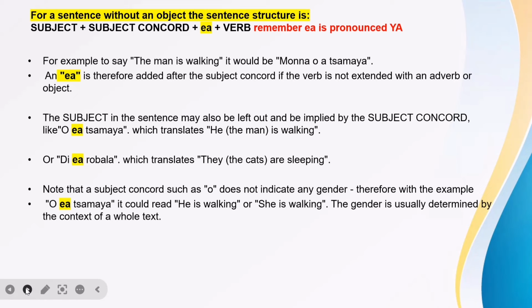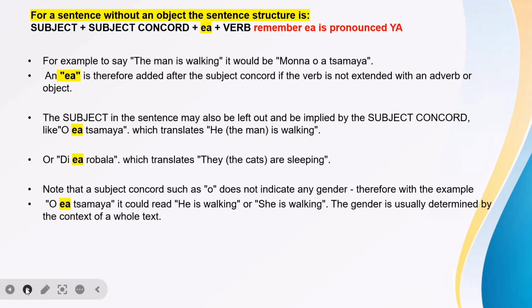Now, the subject in the sentence may also be left out and be implied by the subject concord, like uyatsamaya, which translates as he, the man, is walking, or diarobala, which translates as they are sleeping, the cats are sleeping. Note that a subject concord such as u does not indicate any gender.